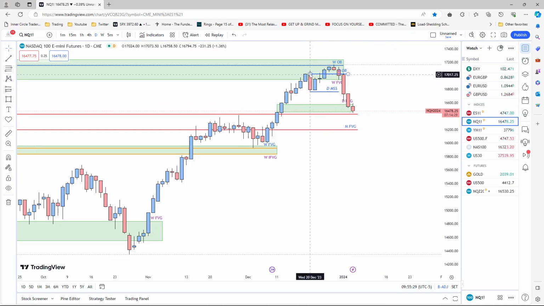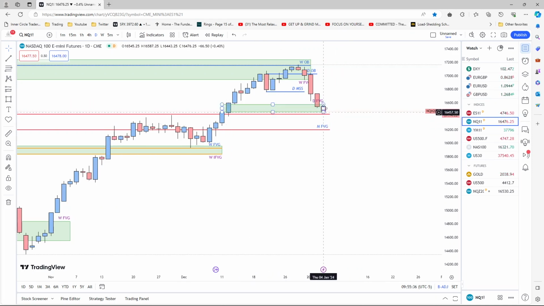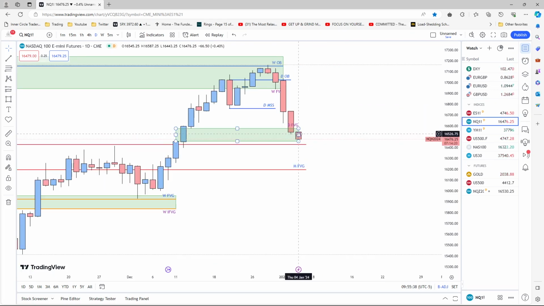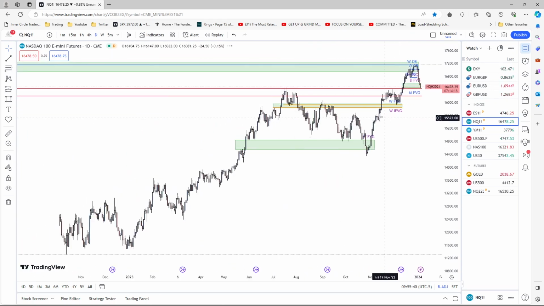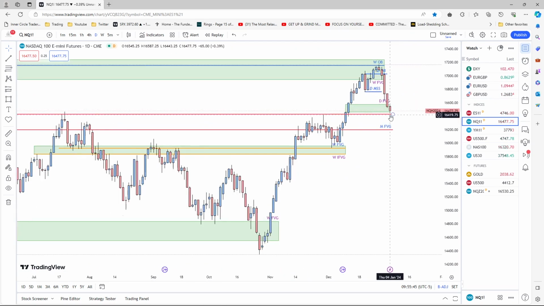We have a breaker block sitting in there as well. We have a daily fair value gap over here, which we traded through. We have to see how this closes, and then we have a monthly fair value gap sitting right there, which we are about to tap into.